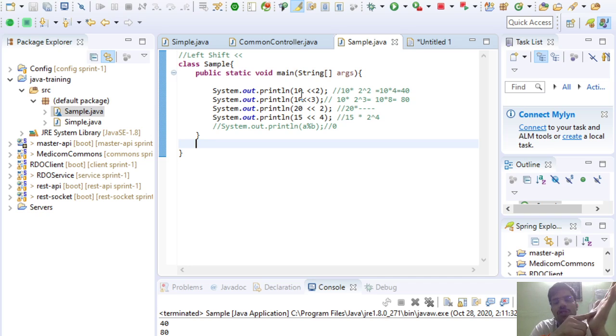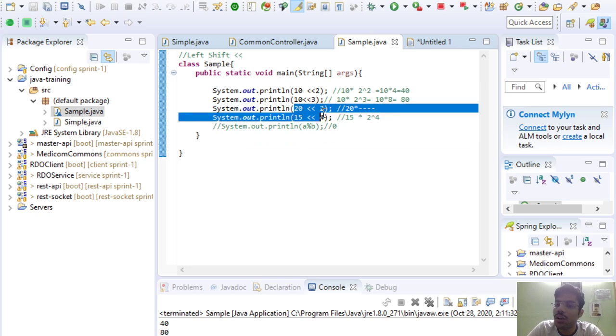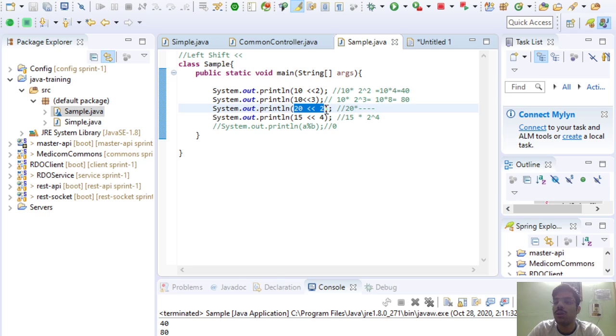Left shift means 2. 10 into 2 square, 10 into 2 cube, 15 into 2 to the power of 4, 20 into 2 square, 10 into 2 to the power of cube, 10 into 2 square.